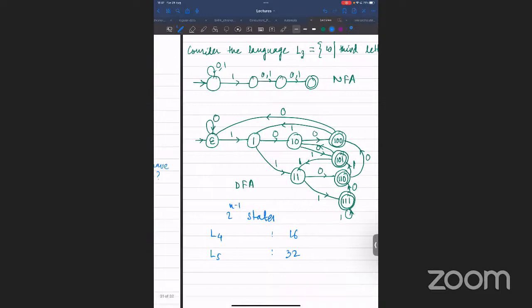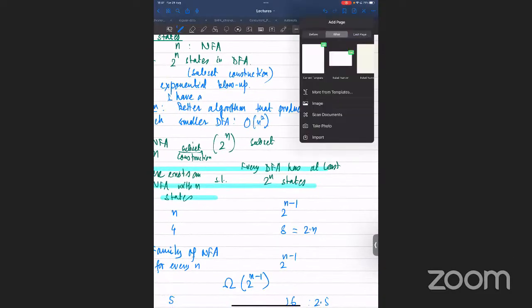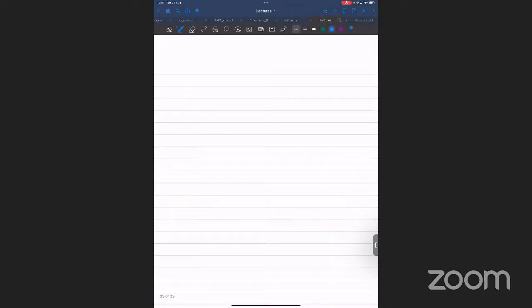Essentially, how are we going to prove this? Suppose we prove this by contradiction. So what is my language Ln?